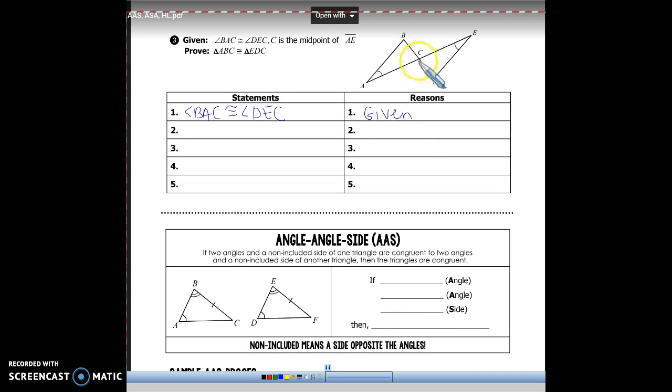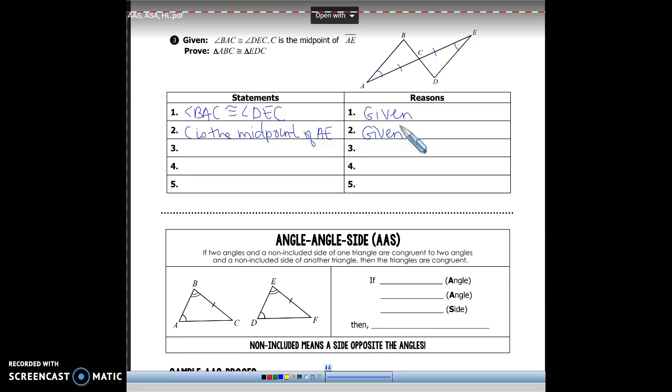C is the midpoint of AE, it's right in the middle, which means AC and EC are going to be congruent, but I'm not going to write that piece of information first. I have to write the given. C is the midpoint of AE, and that was also given.